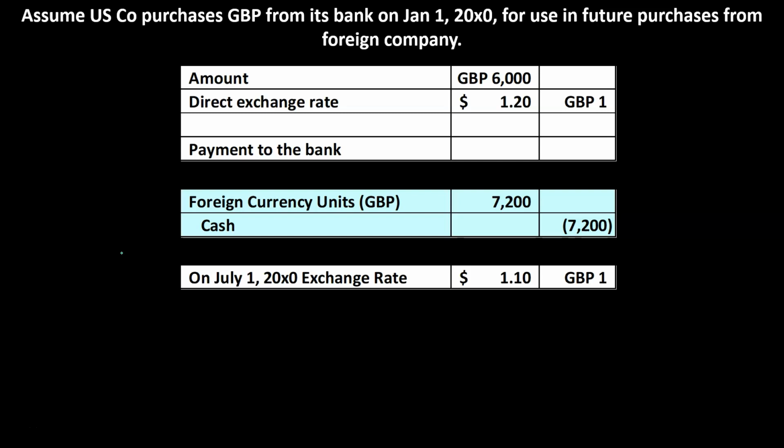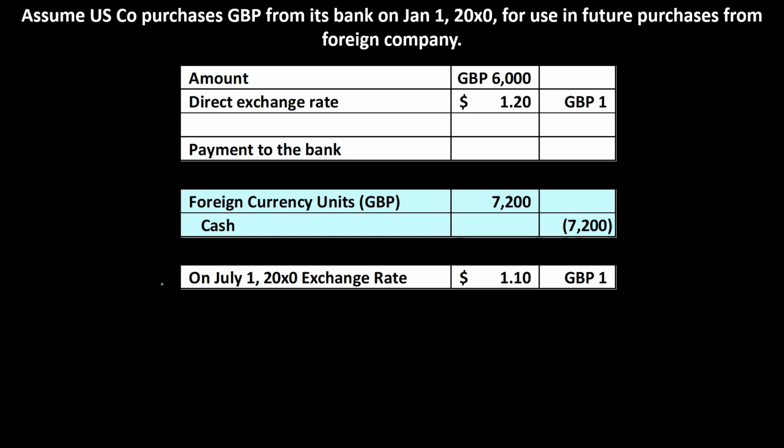So when either we want to spend the pounds or at a balance sheet date, we have to check the current exchange rate so that we can revalue our pounds in a similar way as if we had stocks or bonds.